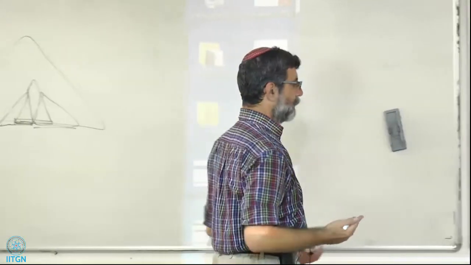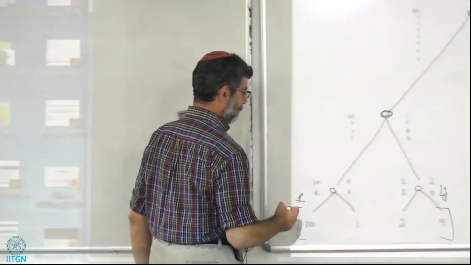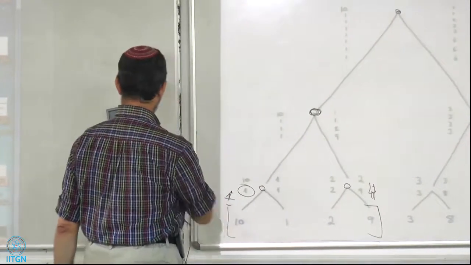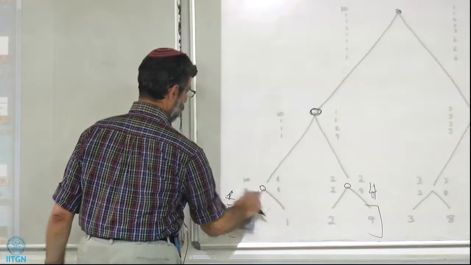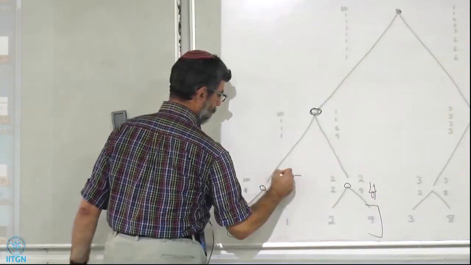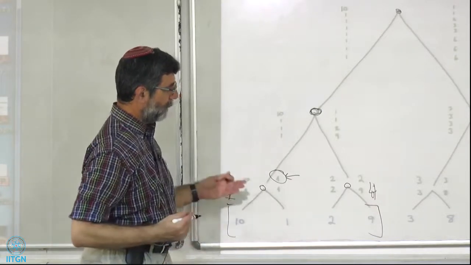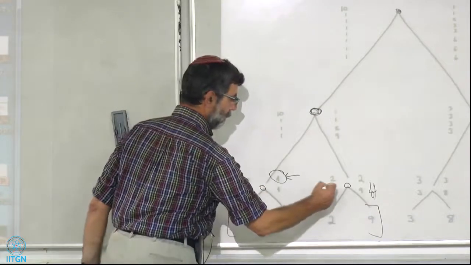But in this particular case, because it was 1, the suffix is going to be this one. And in the other one, we're going to have a prefix that's everything, so it's going to be this one.